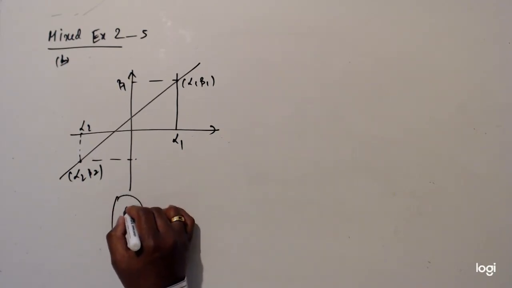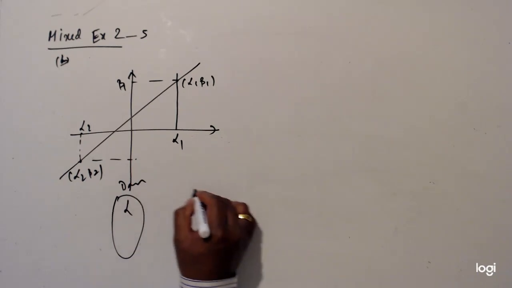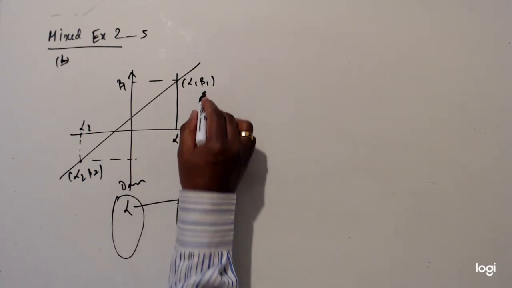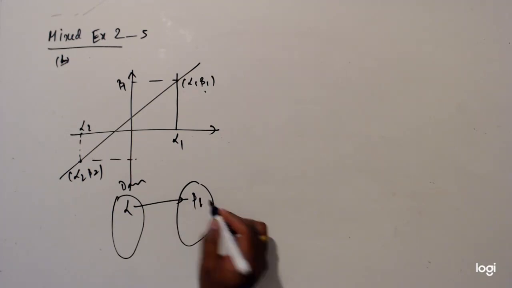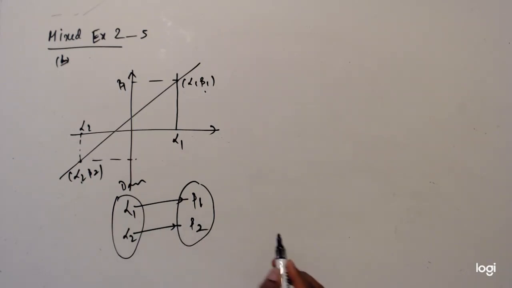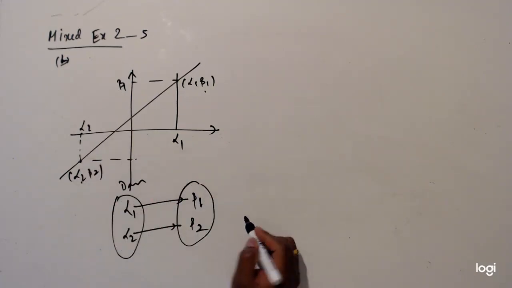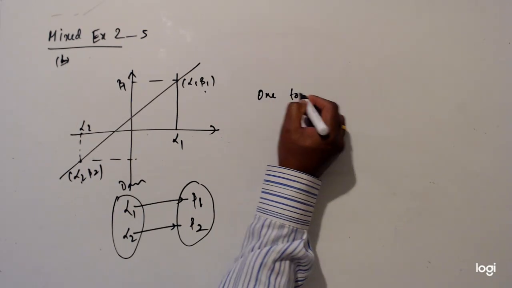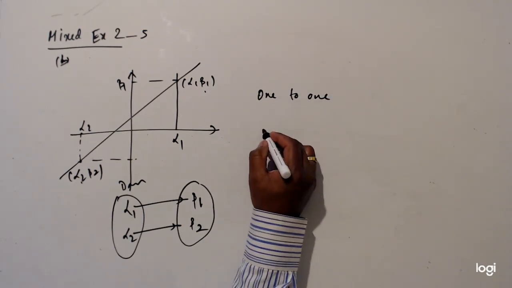If you take alpha from domain, you have one y value for that beta 1. If you take alpha 2 from the domain, only one y value for beta 2. For any x value, you have only one y value. So this is 1 to 1.